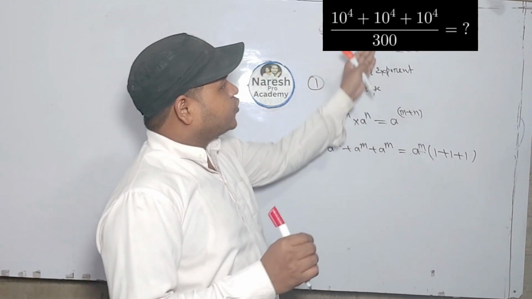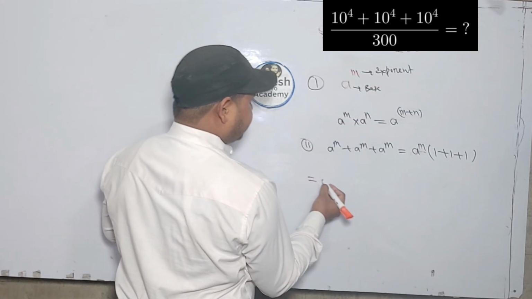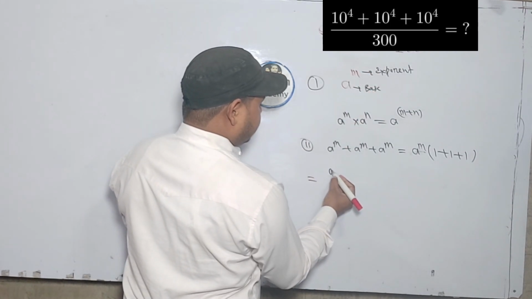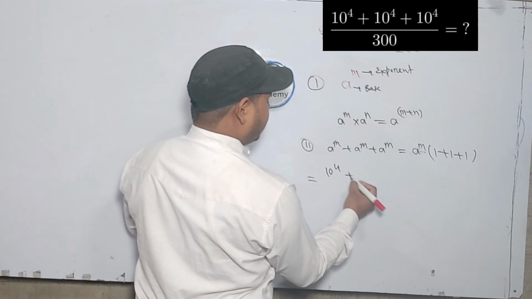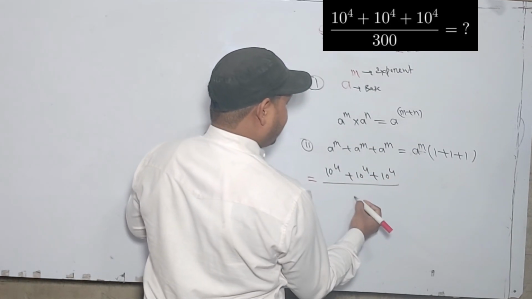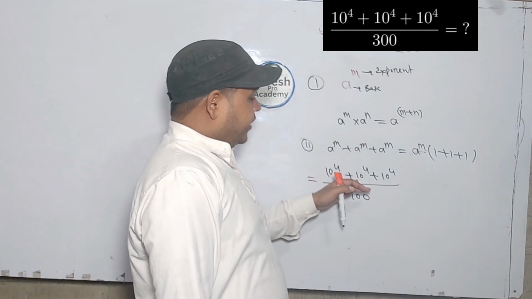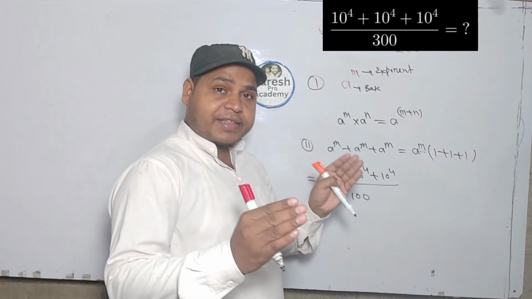Now let's start how to solve this question. Here we rewrite this question in this form, that means 10 to the power 4 plus 10 to the power 4 plus 10 to the power 4 divided by 100. Here you see 10 to the power 4, 10 to the power 4, 10 to the power 4 are equal.